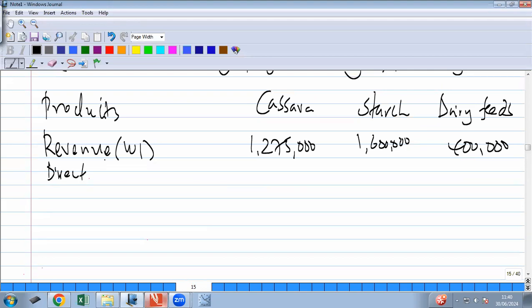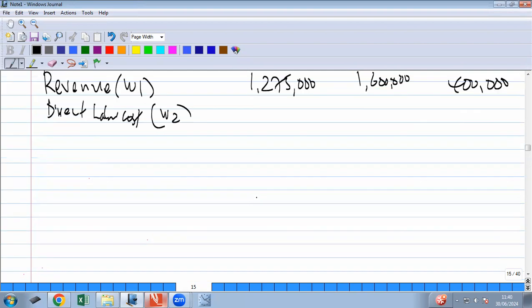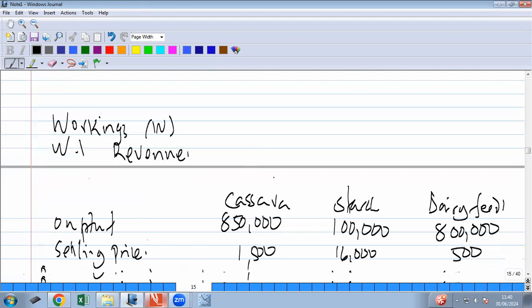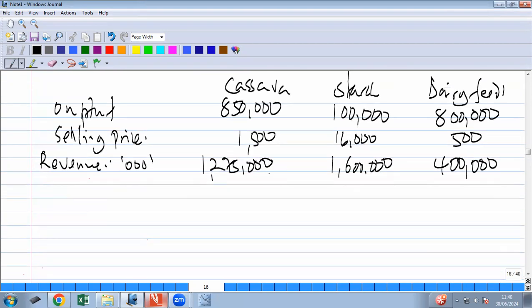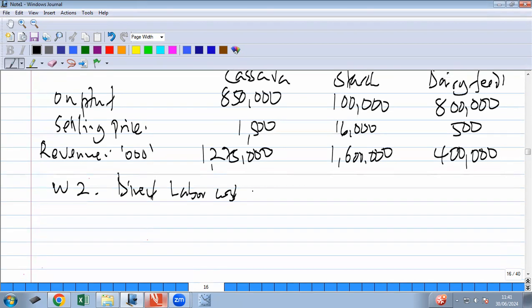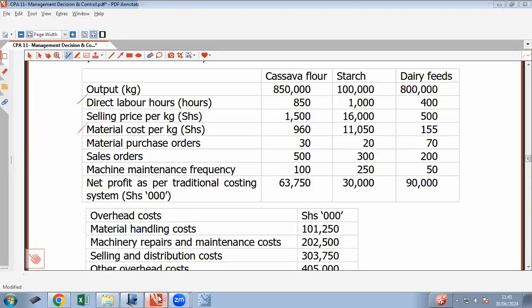direct labor cost. We can call this working number 2, right? So working number 2. This is direct labor cost. And for direct labor cost, how many hours do we have? We have direct labor hours, which is 850.